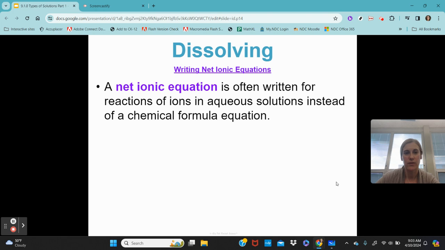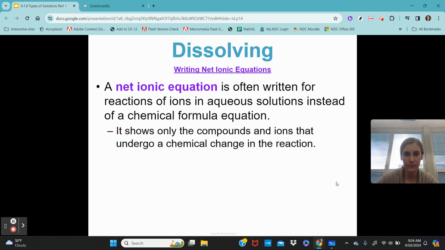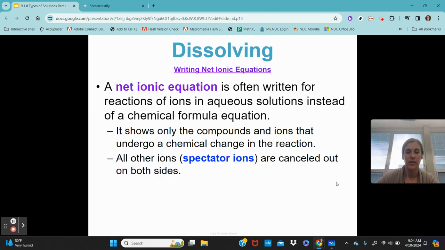This is often written for reactions of ions in aqueous solutions instead of a chemical formula equation. This is your take home, what is really happening with these ions to create a precipitate. It shows only the compounds that undergo a chemical change in the reaction. There are other ions called spectator ions that remain unchanged on both sides of the equation, so they get canceled out.